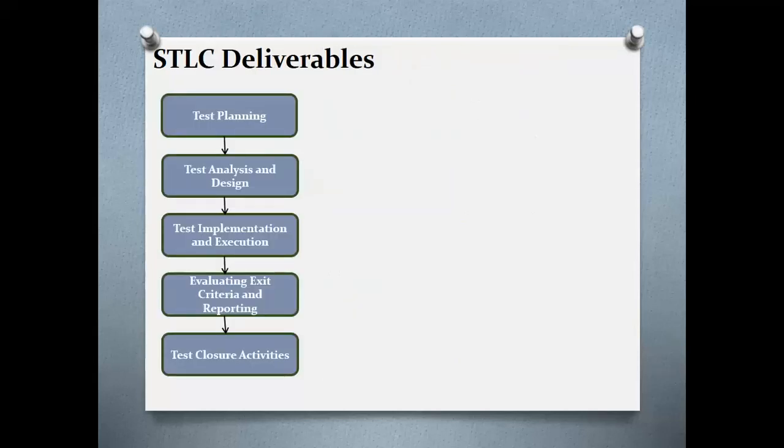STLC deliverables. Each stage in STLC will have a definite entry and exit criteria, activities and deliverables associated with it. During the test planning phase, each requirement is mapped as testable and non-testable requirements, and requirement traceability matrix is prepared.